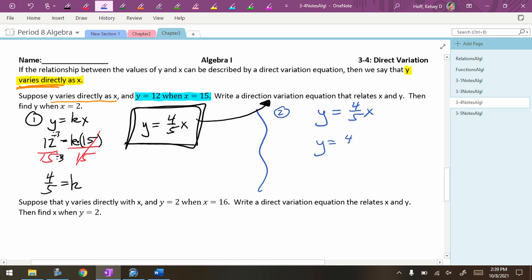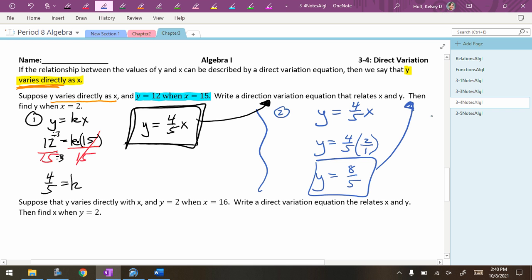Y equals 4/5 times 2. Now, if I'm going to take 4/5 times 2, what should I do to 2? Put it over 1. Can I simplify diagonally? Nope. So I multiply across, top times top, bottom times bottom. Y equals 8/5. That's part 2.